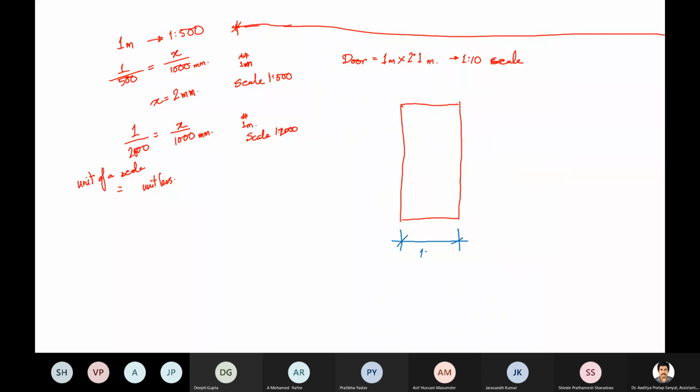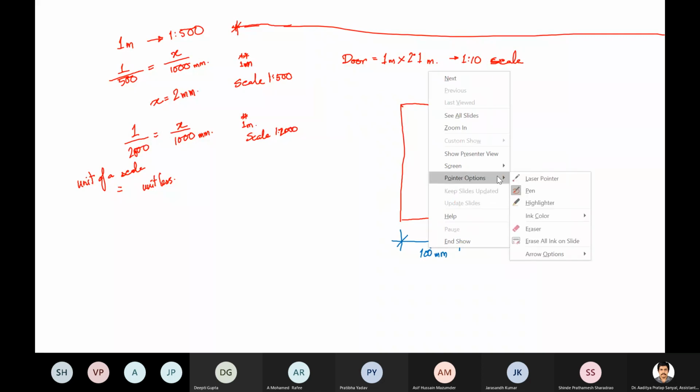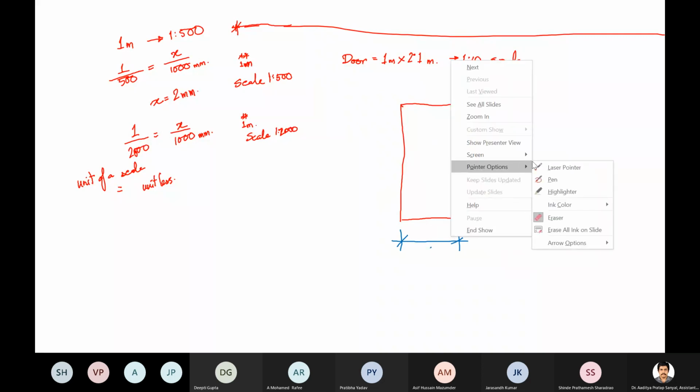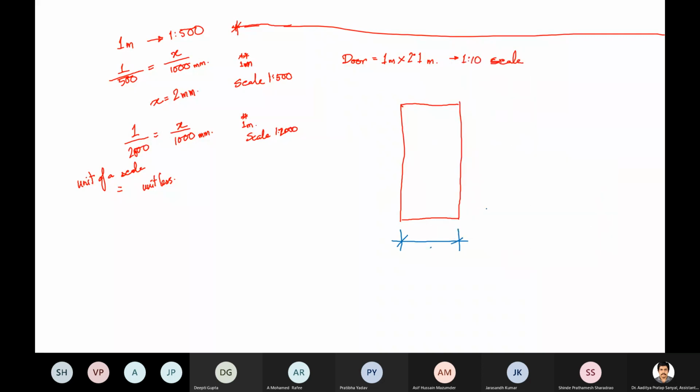This one will be 100 mm on paper, but to remove this confusion, what I will do is I will erase this. This one is your 1 meter. On paper, probably this one would look like 100 mm.